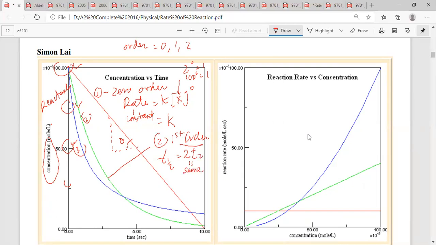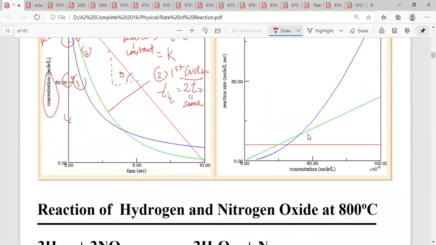Then you can conclude it's a first order. But of course, you can plot a subsequent graph of rate of reaction versus concentration. For a straight line here, for whatever concentration, the rate always remains the same. So this is 0 order.